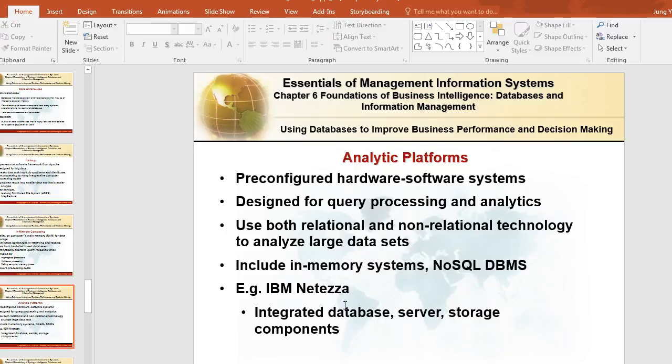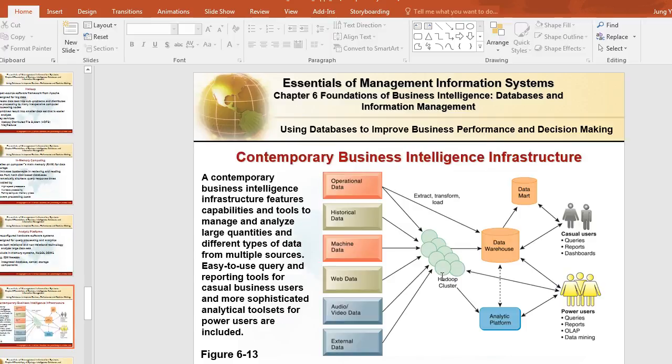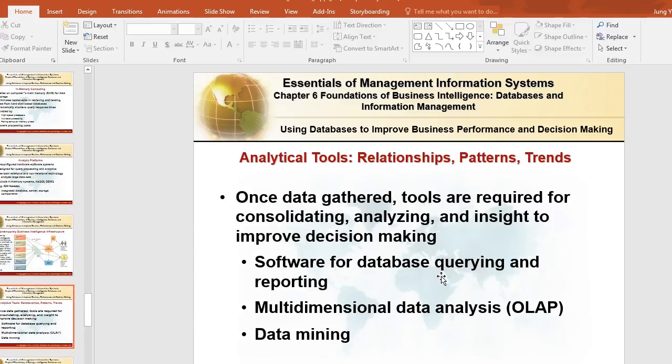NoSQL means not only SQL, which means the traditional SQL and also non-traditional formats are included in this technology called NoSQL.